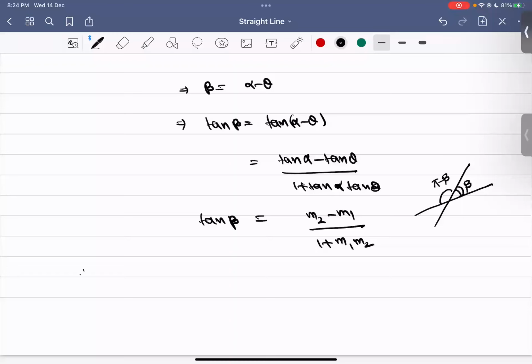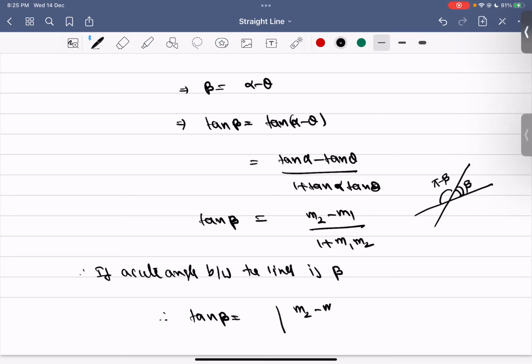If the acute angle between the lines is beta, then tan beta is equal to, with the modulus, mod of (m2 minus m1) by (1 plus m1 m2).